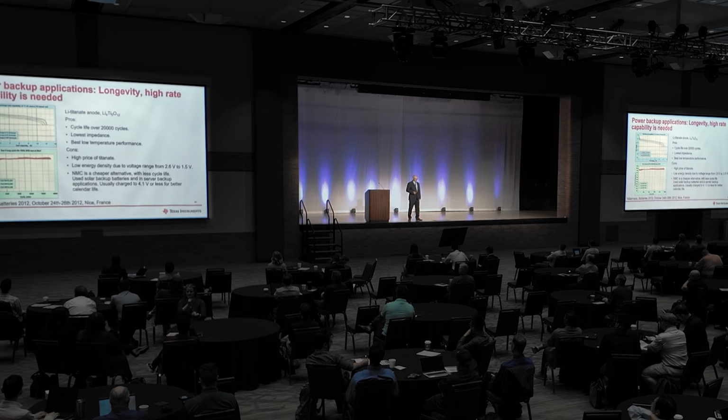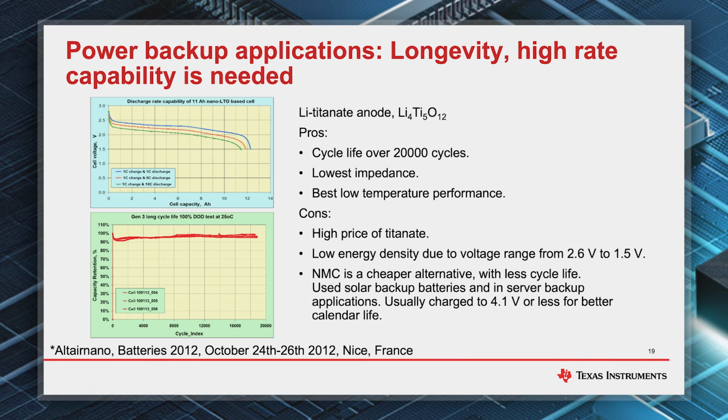Unfortunately, this material also has a lower energy density. It is even lower than LFP: the maximum voltage is only 2.7 volts, and the flat portion voltage is around 2.4 volts. But for some applications where you need very high longevity, this can still be an excellent choice.